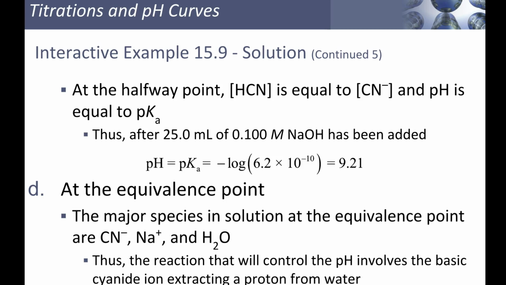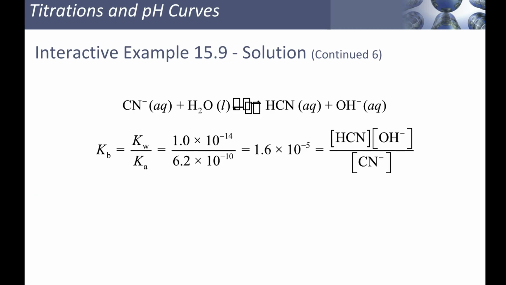At the equivalence point, the reaction that will control the pH involves the basic cyanide taking a proton from water, the hydrogen ion, basically. So now you have hydroxide in solution, right? And that's really just Kw over Ka. You already have Ka, so you're looking for Kb. Okay?